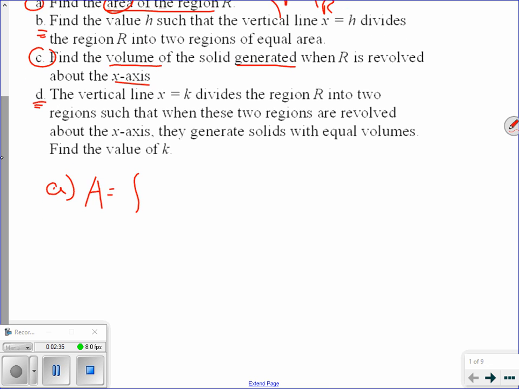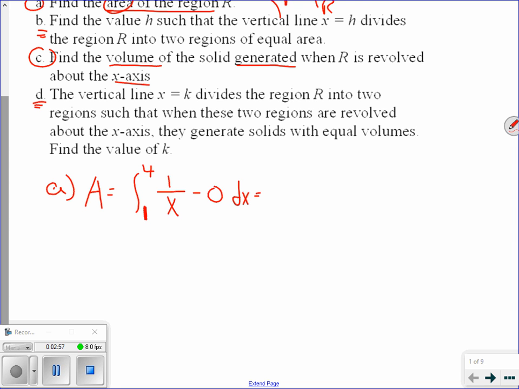The farthest left we go is x equals 1 to x equals 4. Those are our bounds to the left and right. Our equation is 1 over x, and then we could say minus 0 if you want. It's the difference between the function and the x-axis, dx.